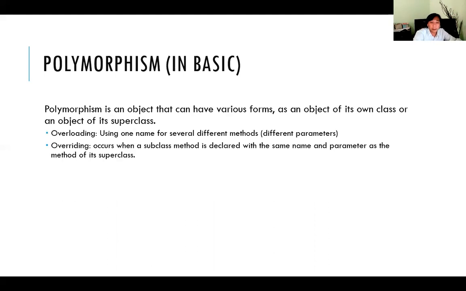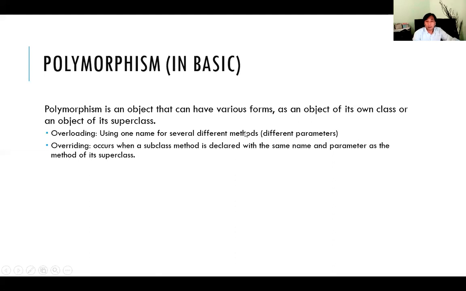Basically, in object-oriented programming, the parts of polymorphism are called overloading and overriding. The overloading concept is defined when you use one name for several different methods.